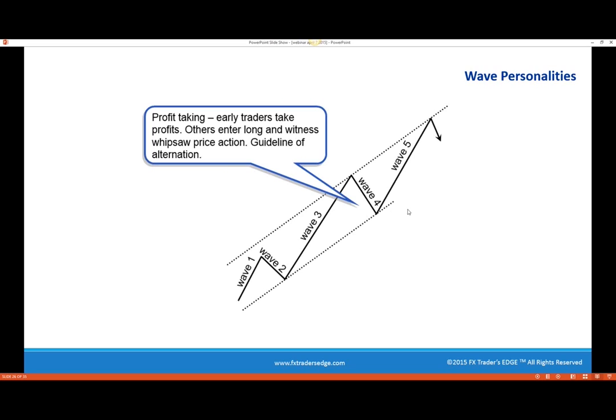You can also draw manual support and resistance lines, going back in history and looking to see where there were pockets of buyers and sellers coming in which stopped the market price action. So definitely during a wave 4, you want to be plotting that support and resistance so that you can trade both sides of the market. You don't want to be buying up here. You don't want to be selling down here. You want to be fading the moves. So fading means when the market moves up, you want to sell. When the market moves down, you want to buy.